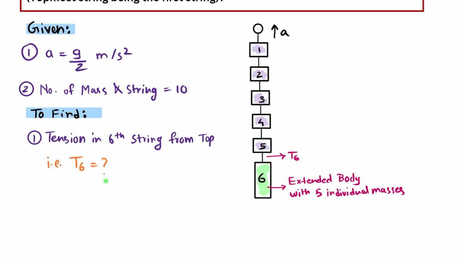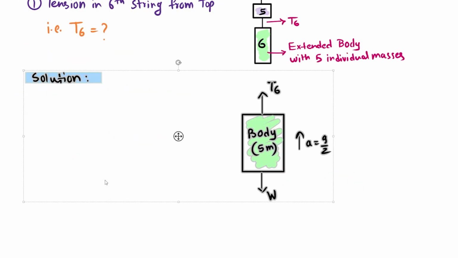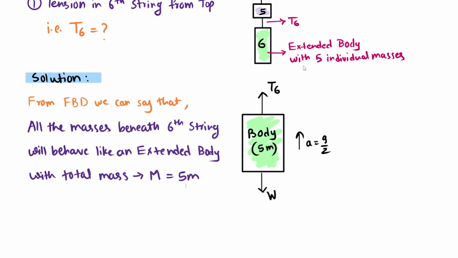So let us get into the solution side of this numerical. For the solution, we have an FBD given to us. This is the FBD of block number 6, which I said behaves like an extended body. From this FBD, I can say that all the masses beneath the sixth string behave like an extended body whose total mass capital M is 5m.